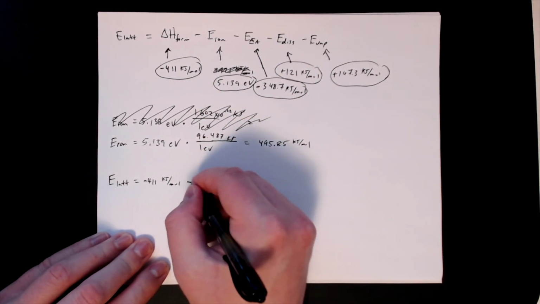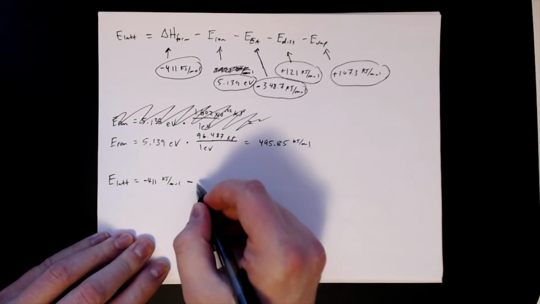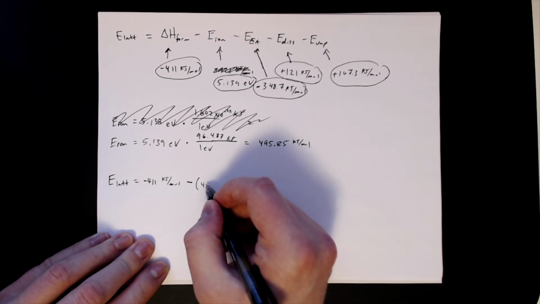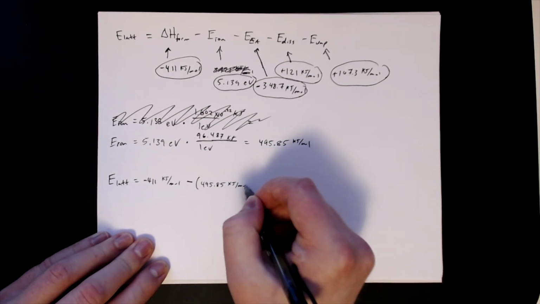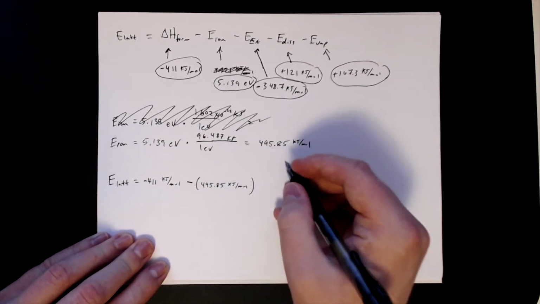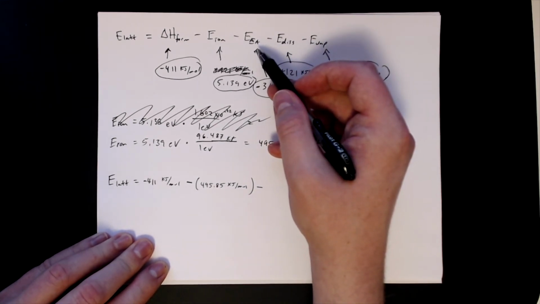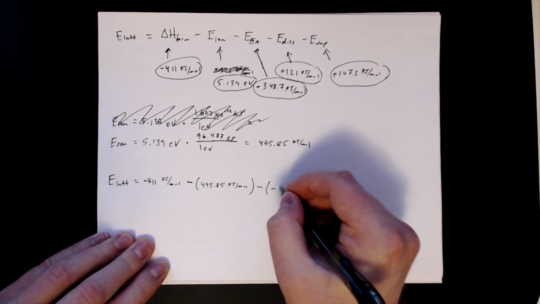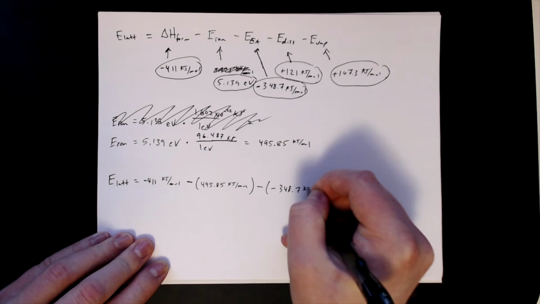We've got minus the ionization energy, which we just calculated, so that value is positive 495.85 kilojoules per mole. We've got subtraction of the electron affinity, which is also negative, so that's going to be plus 348.7 kilojoules per mole.